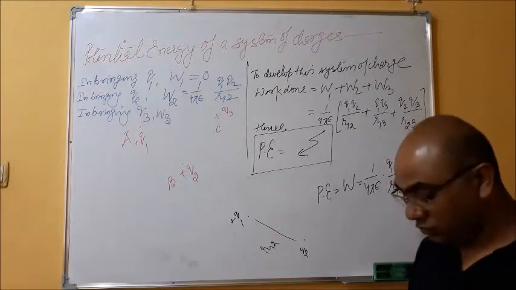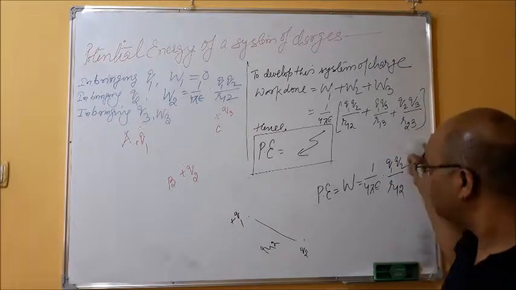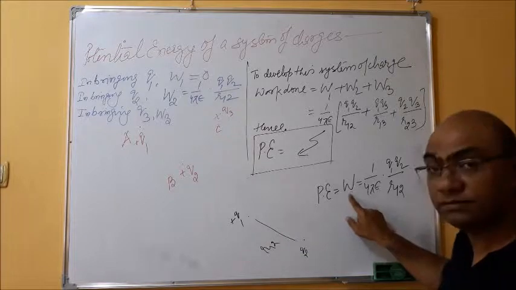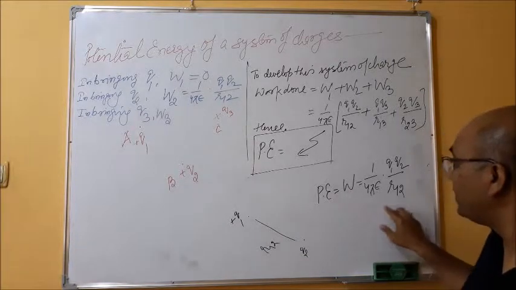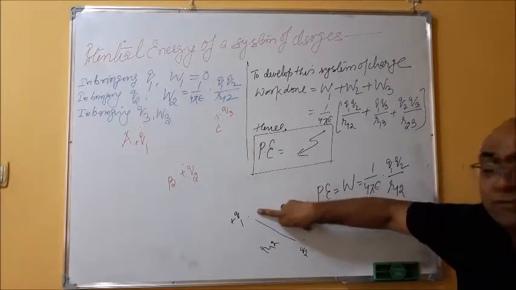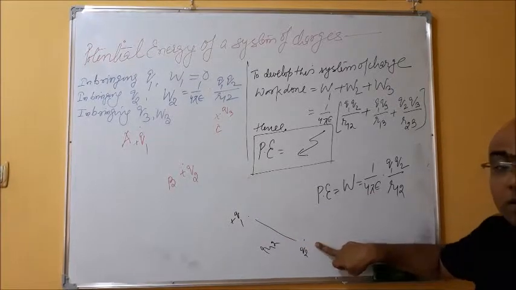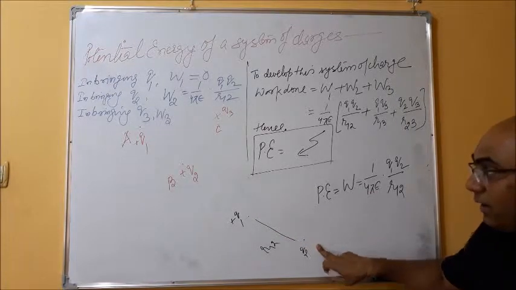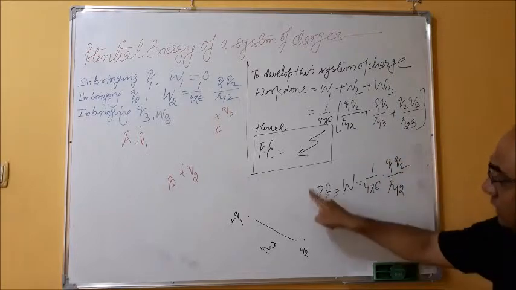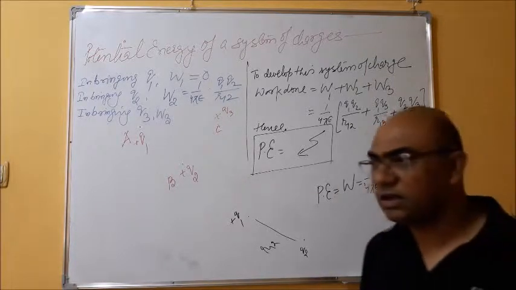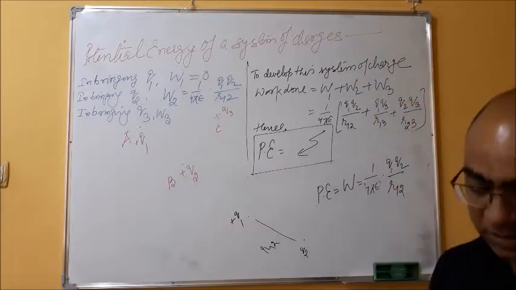So you see that the final value of work done depends on the displacement between the charged particles Q1 and Q2. In this formula, there is no consideration of how we are bringing this charged particle.